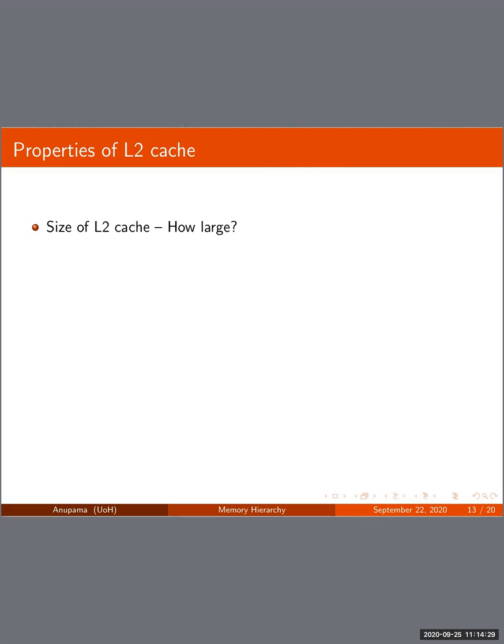So if you are looking at the size of the L1 cache and the size of the L2 cache, what would be the relationship between them? And how large would you expect the size of the L2 cache to be? I'm not talking about numbers. I'm talking about the property of it, because that determines how it reacts.